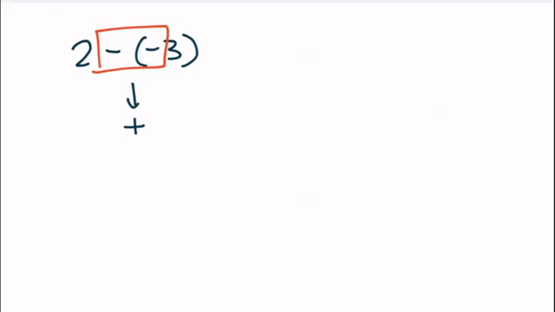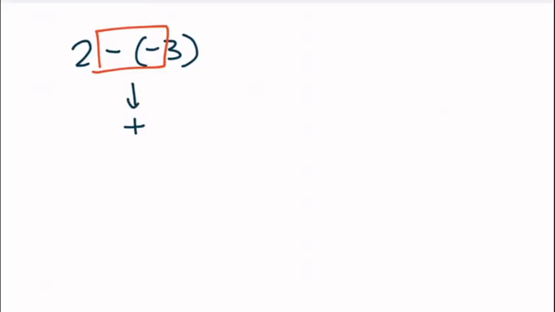But now, what would happen if you saw something like this? 2 minus -3. As you can see here, there's 2 different signs, and that can be confusing. So what this really means is that when there's 2 of the same sign right next to each other, that's just a positive sign.